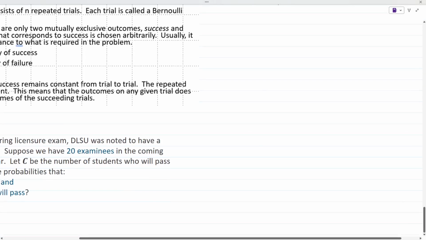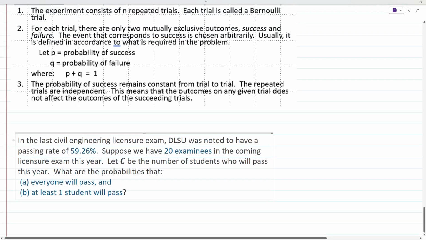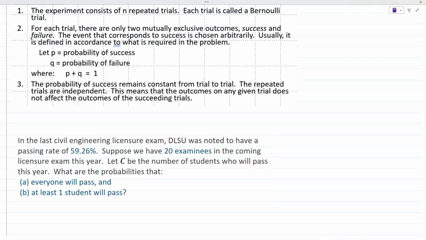So, let's see, no? Gawa tayo ng isang example. Okay, here. So, isang magandang example ito. Sige, ito muna.